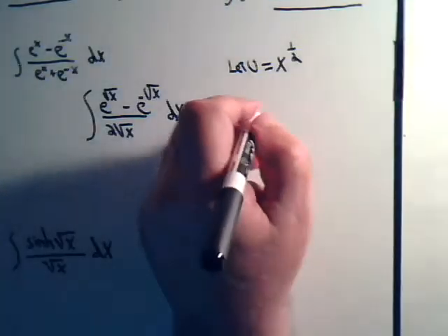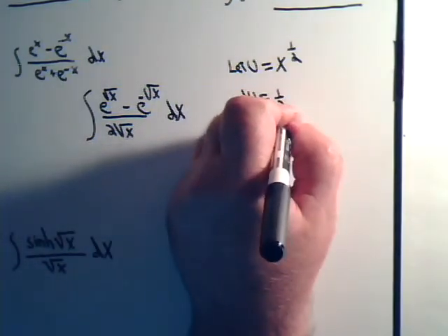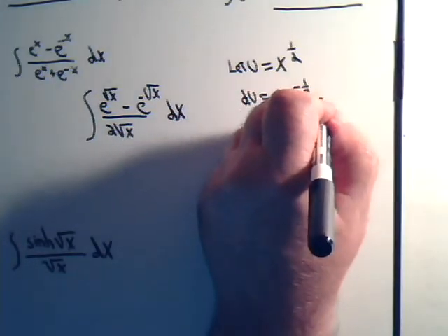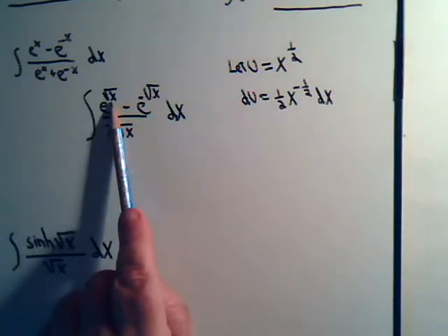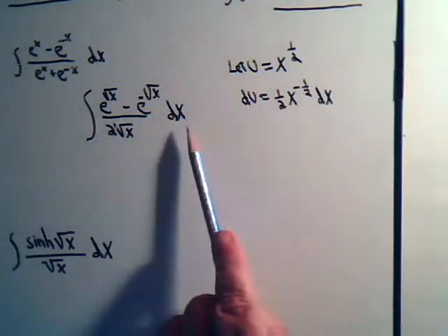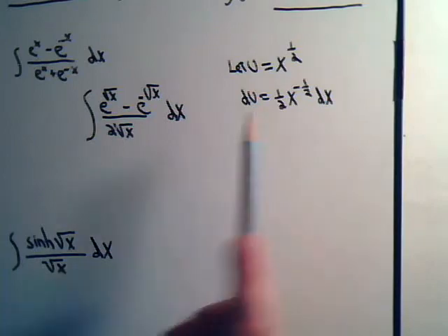So then du will equal 1/2 x to the minus 1/2 dx. Now what we're going to attempt to do is express the integral not in terms of the variable x, but in terms of the variable u, which means that for dx, we want to have this expressed in terms of the variable u.